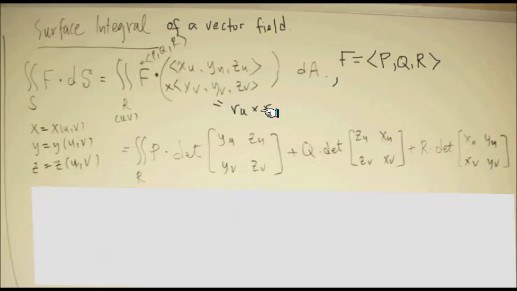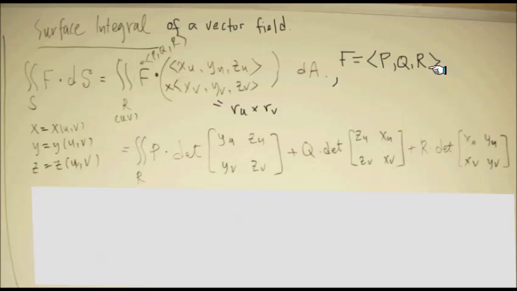The second component is the determinant of x_u x_v and z_u z_v, but there is this negative alternating sign for the cross product formula. So instead of putting the negative in there, I swap the two columns such that the x column appeared in the second slot and z appeared in the first slot. So that absorbs the negative into it.